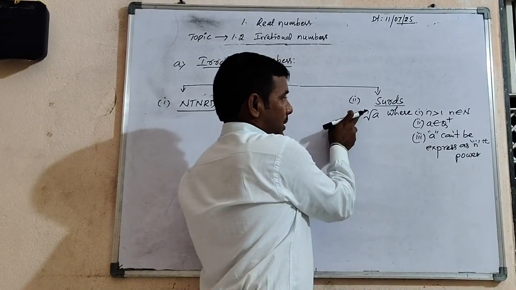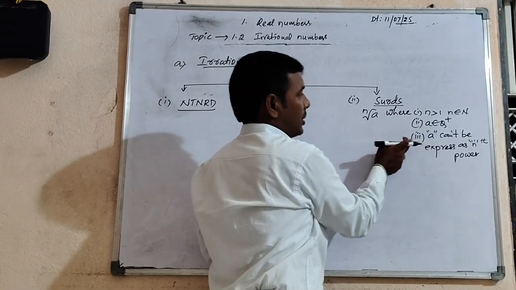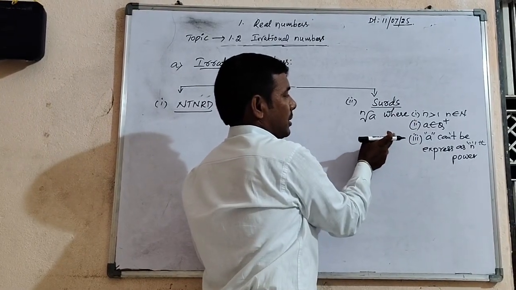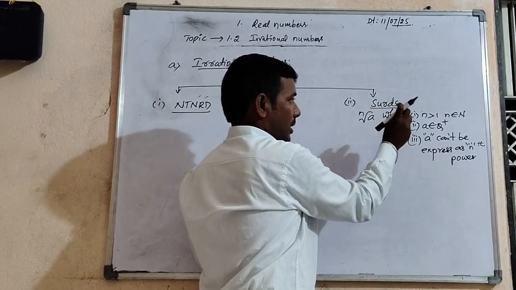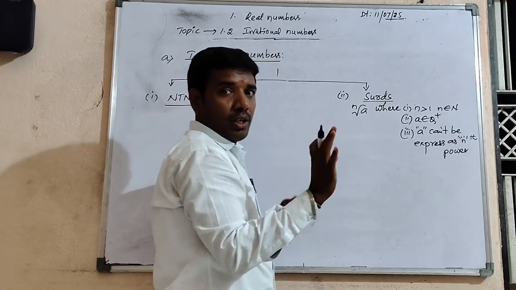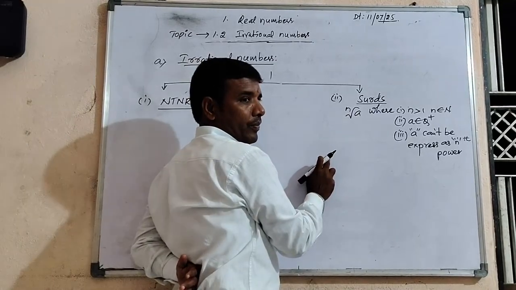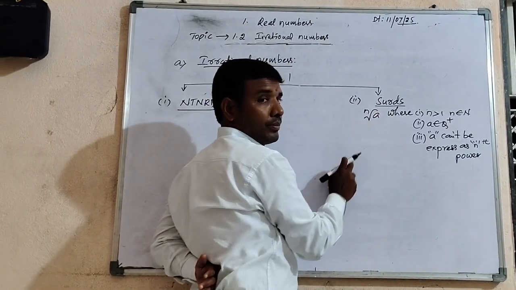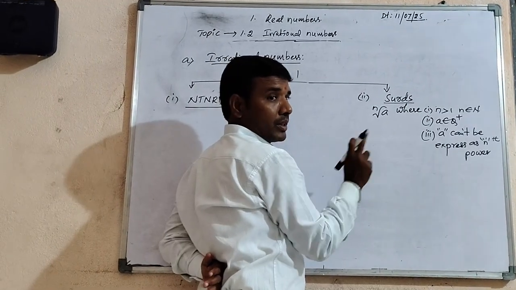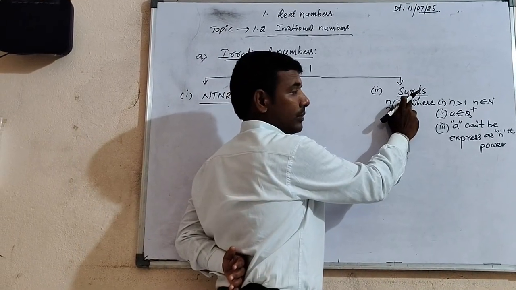A number which follows these three conditions is called a surd. Once again, pay attention carefully. Nth root of a is called a surd.